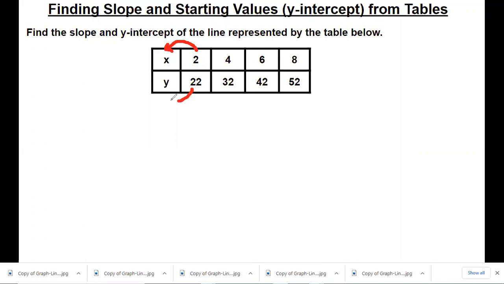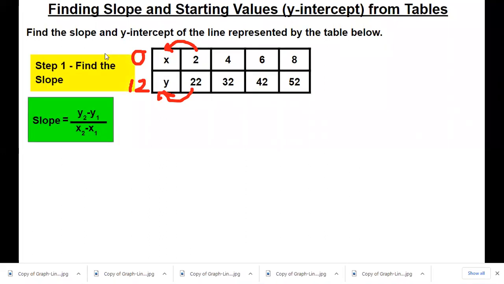If we wanted to, the x values go up by 2. So if I subtract 2 from 2, I get my 0 for x. These y values are going up by what? 10s, right? So if I subtract 10, going backwards, I would get 12. So 12 should end up being our y-intercept, but let's do the work so we can learn how to do this.